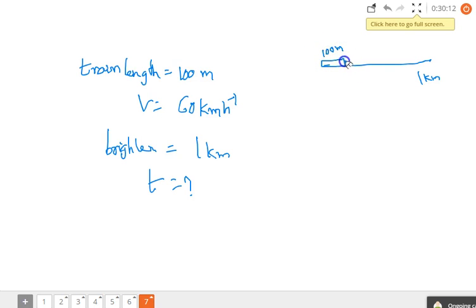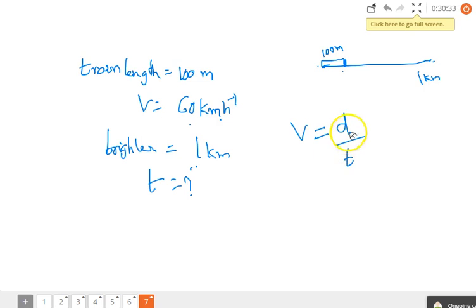For example, this engine. Train length, whatever the matter, it doesn't matter now. The train has to cross the bridge. Bridge length is 1 kilometer and velocity is equal to 60 km per hour. What is the velocity formula? Velocity is equal to distance by time, or displacement by time.